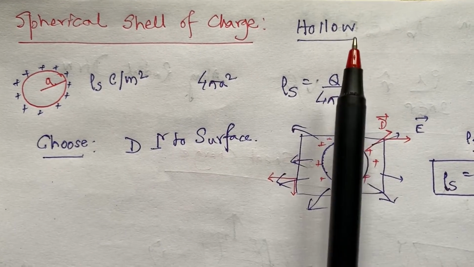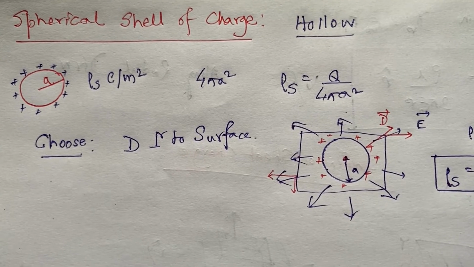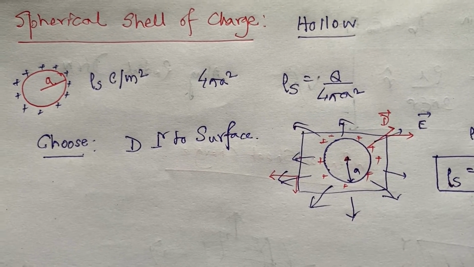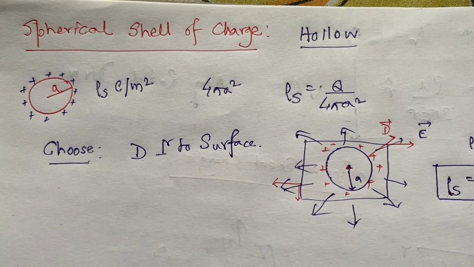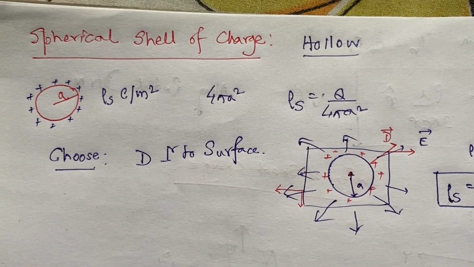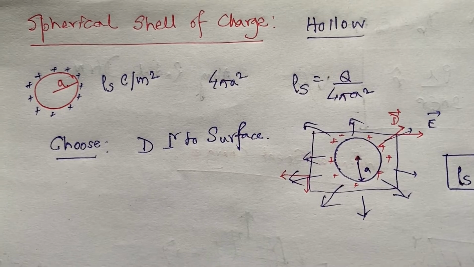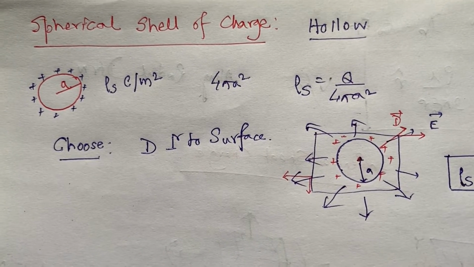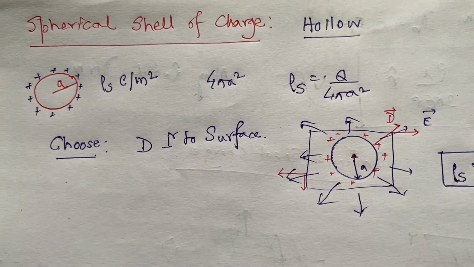First we are considering a hollow shell of charge. It's like the tube of a motor tire, because that tube is made of rubber sheet, and inside that rubber sheet there is air only, and you can easily approximate that air as vacuum. So this spherical shell of charge distribution is something like that.